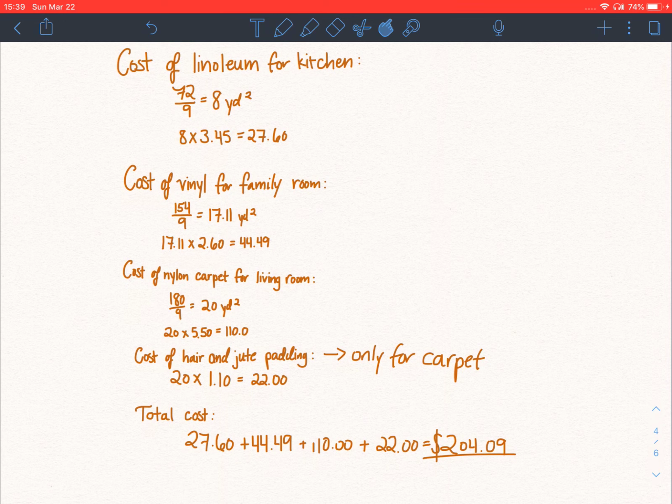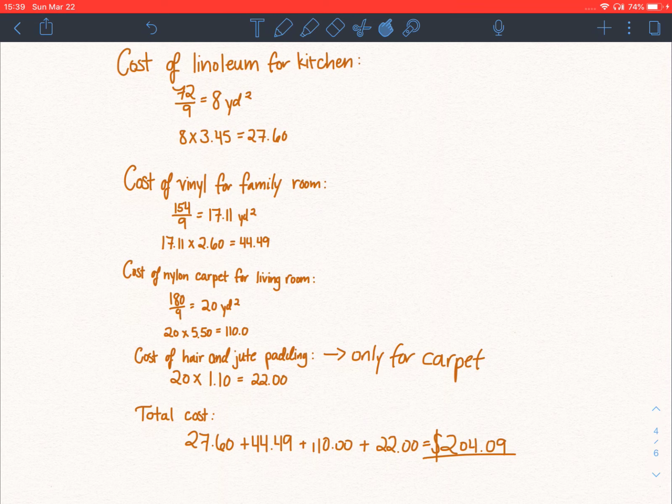You have the 154 feet squared, divide that by 9 in order to get yards, which is 17.11 yards squared. And then take the 17.11 yards squared and multiply that by $2.60, which is the per square yard price for vinyl.